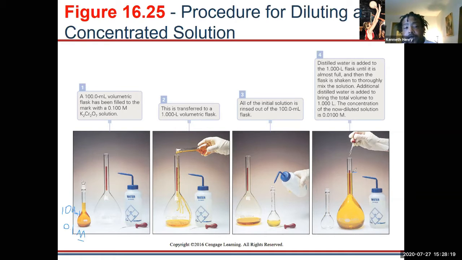If you're below that line, your solution is too concentrated. So it sets up exactly the volume you plan to have, which is why we typically use a volumetric flask. It's a quick way of making solutions at a certain concentration. But you always want to start off with your solute or concentrated solution first, and then bring it up to volume.